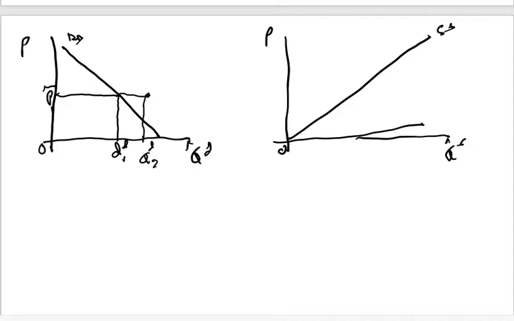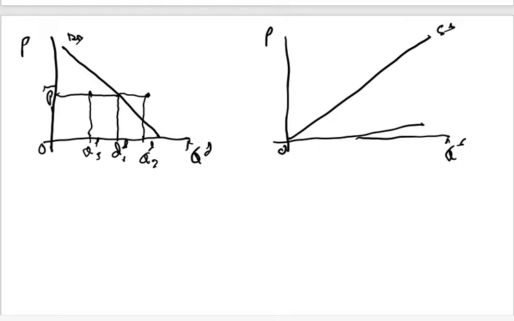What if the income of consumers reduces? Let's say maybe to QD3. But the price is the same. We know that if price is the same, then maybe we are talking about this point.